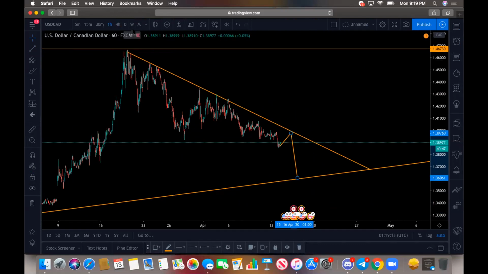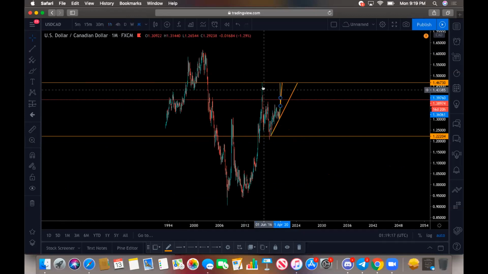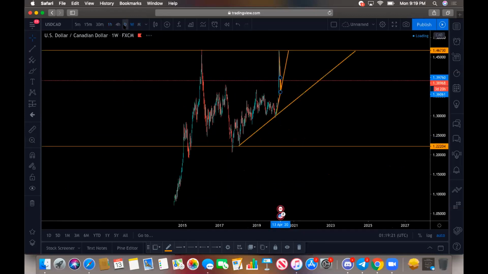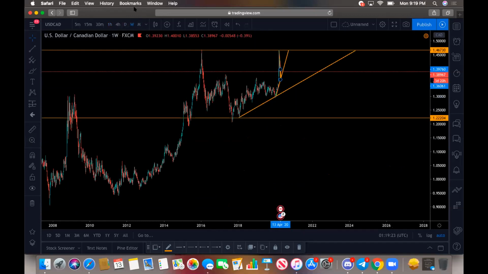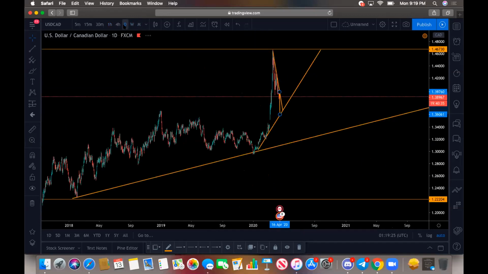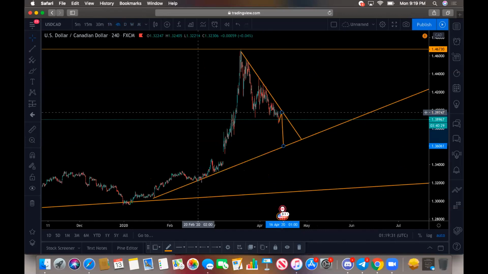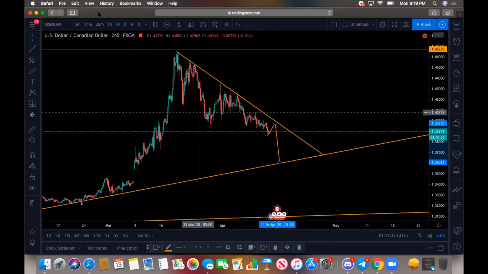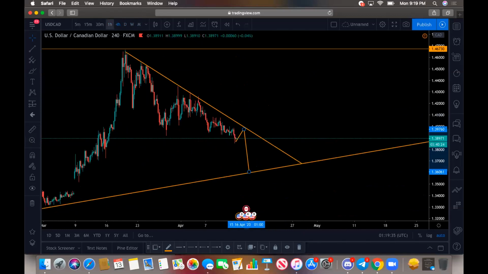So on my monthly, I was looking for my monthly high, my monthly low. On my weekly, I was looking at the trend. Same thing on daily. My 4-hour, I saw that downtrend. So overall, I will be waiting for a correction to catch the sale to the downside.